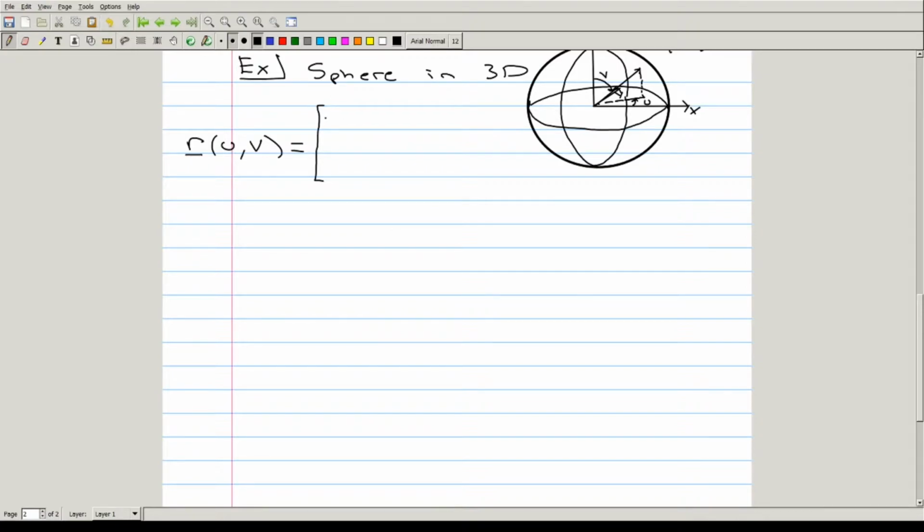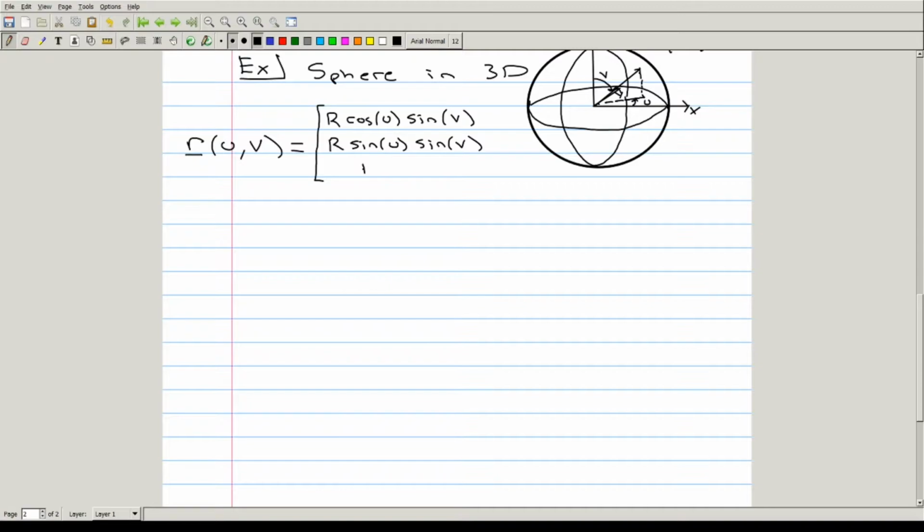But when you do the trigonometry for how the x, y, and z coordinates depend on these angles, essentially the formula you come up with is that x is equal to r cosine of u sine of v. y is r sine of u sine of v.